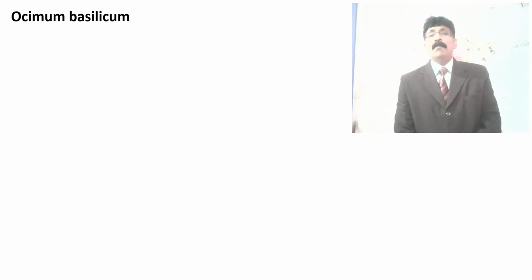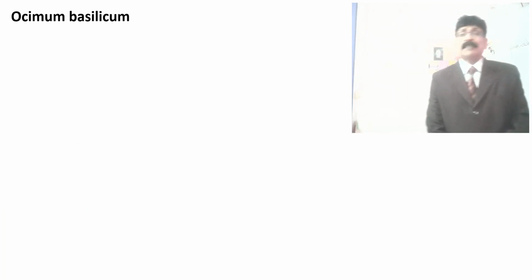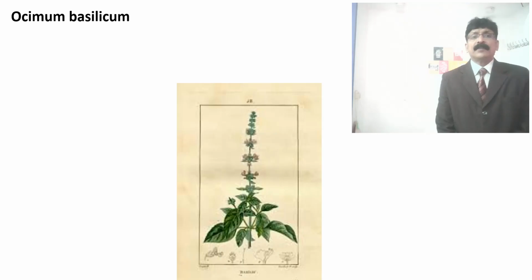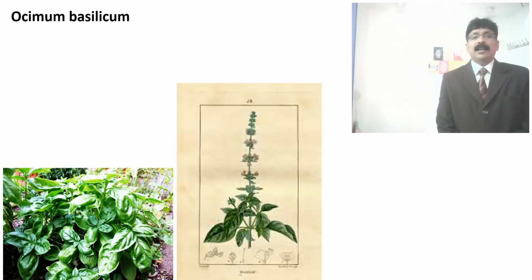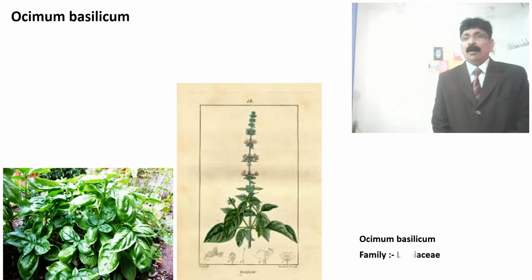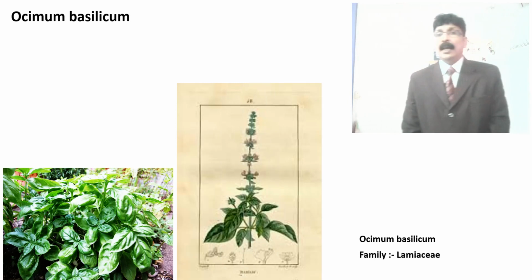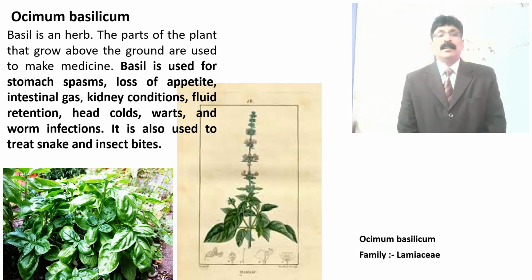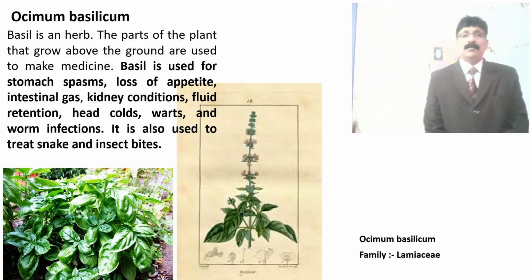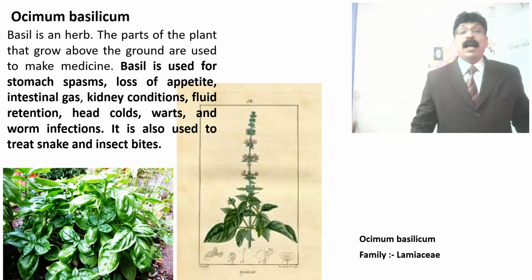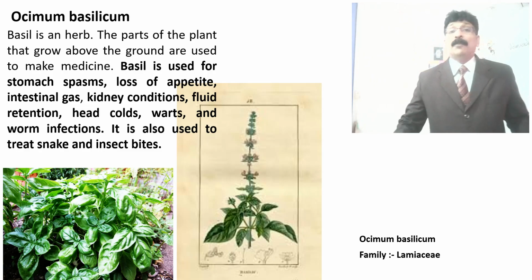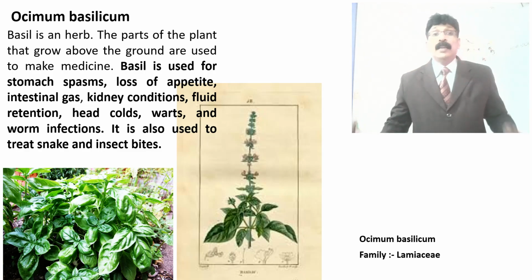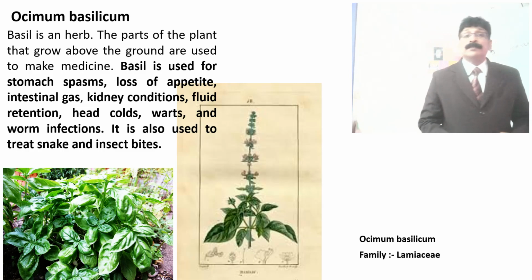Ocimum basilicum is there, Rama Tulasi, family Lamiaceae. Basil in Europe is an herb. The parts of the plant that grow above the ground, the shoot system, are used to make medicine.